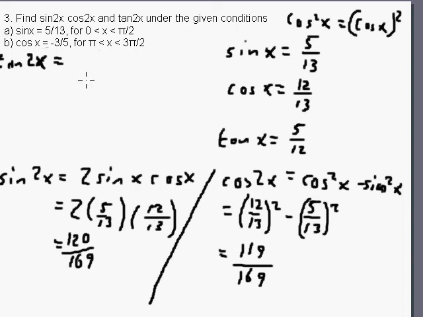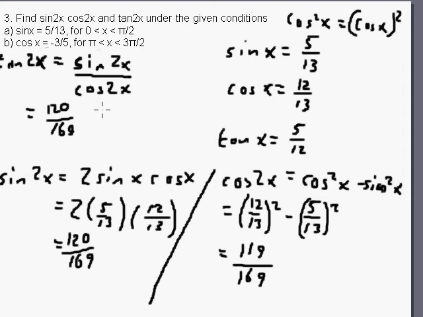What is easy to remember is your quotient identity. If you don't know this, then you are in deep trouble. Tan 2x is equal to sine 2x over cos 2x. Now, since I've solved both of these, I can just divide them. I get 120 over 169 divided by 119 over 169. Divided by is flip and multiply. You all know that?